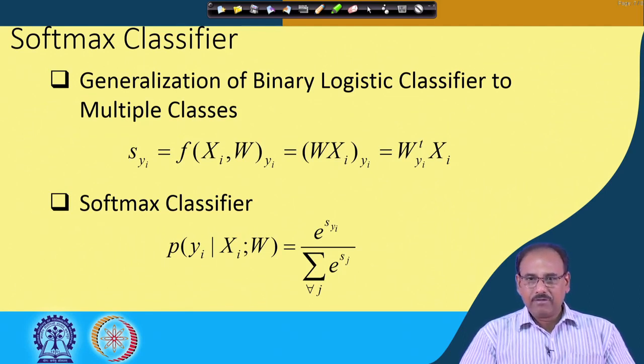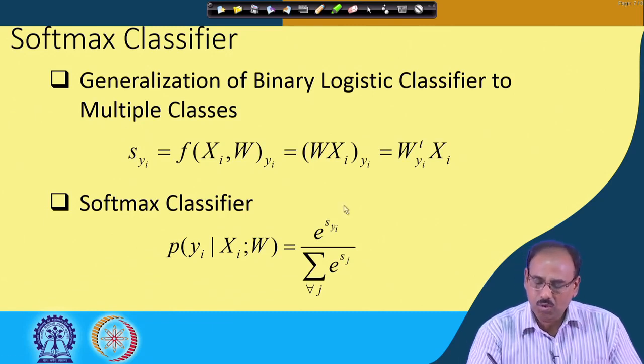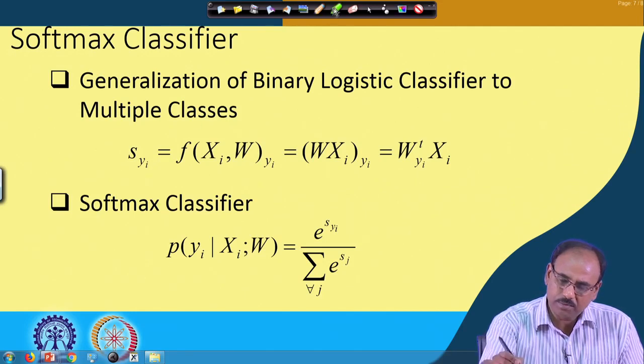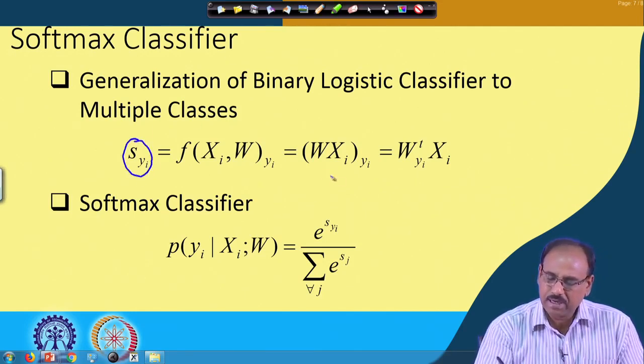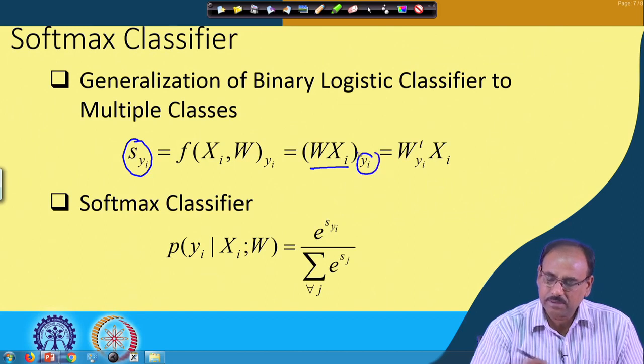If I have a feature vector x_i which belongs to class, say, y_i, the class index is y_i, then the corresponding score is given by s of y_i, which we have computed as W x_i, the y_i-th component of that.